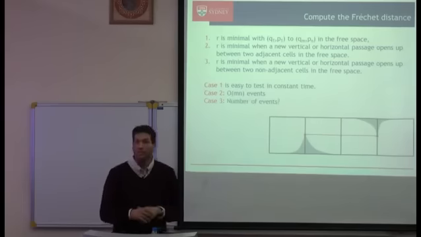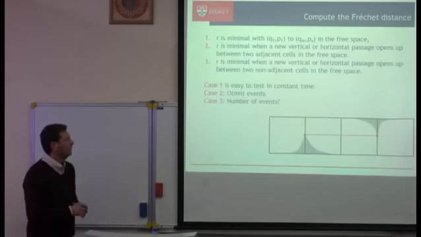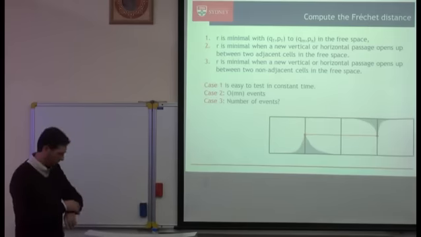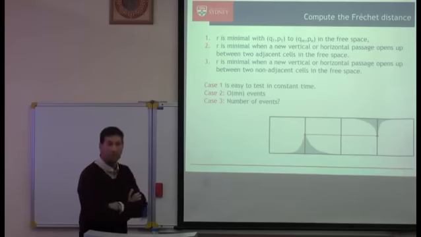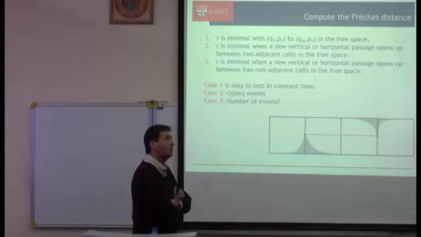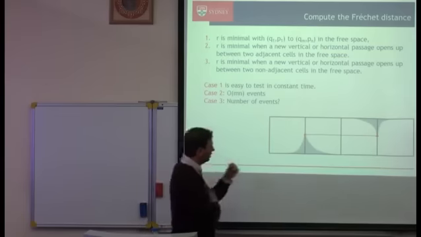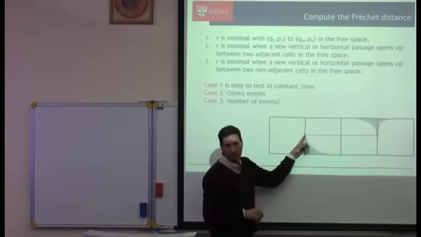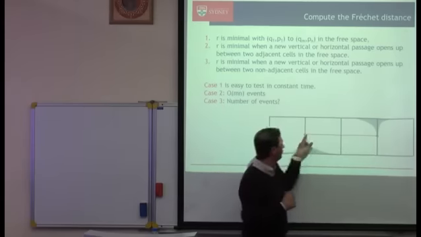So what is the number of events in this case? No, it's more actually. How many of these can you have? You can have n times m of these. And how many of these can you have if I fix this one?